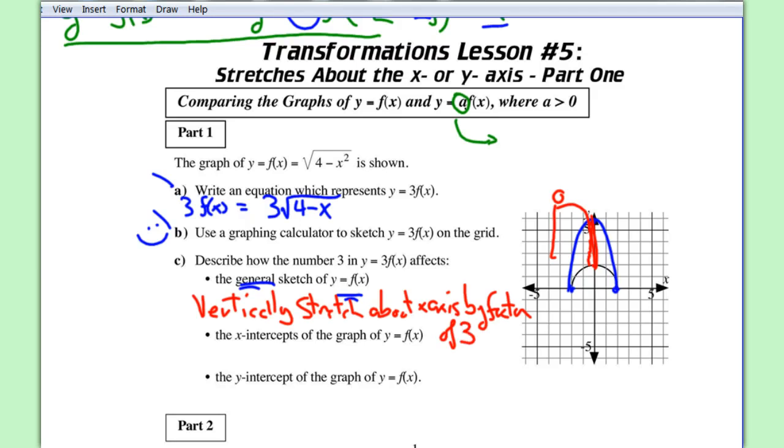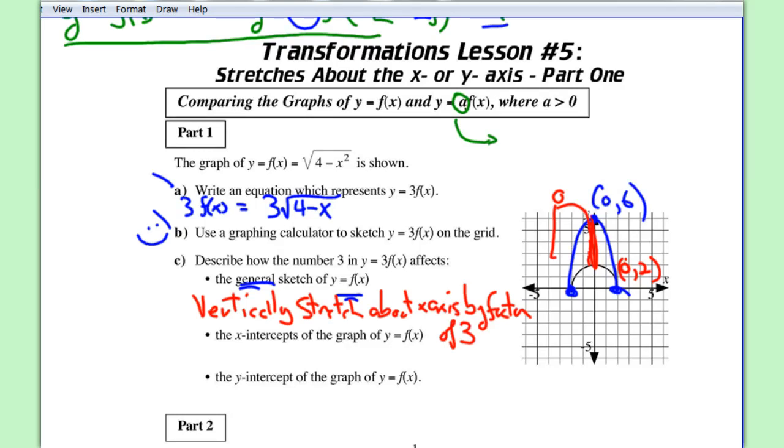Now what do I mean by that? Well, it looks like these 2 points are anchored in, and this guy up here has grabbed on and pulled this up like I showed. This used to be a point of (0, 2), and now that point up here is (0, 6). It's 3 times taller than it used to be.